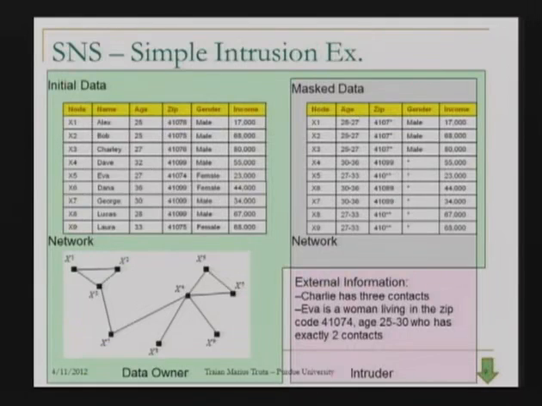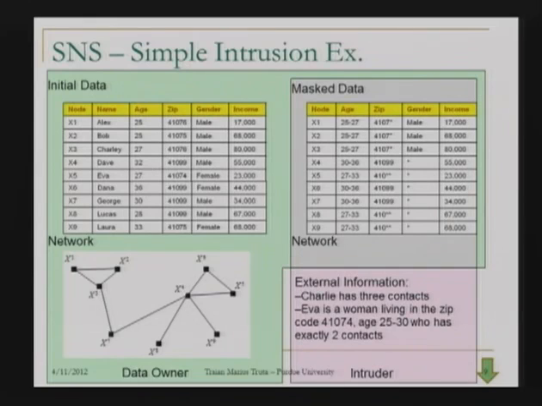Now, let me go to a very easy example, and let's try to understand why we have this problem of sensitive information being revealed by a potential intruder or potential attacker. In a social network, we have relationships between individuals, which are depicted in the bottom of our screen, as well as profile data, which is depicted on top of this slide.